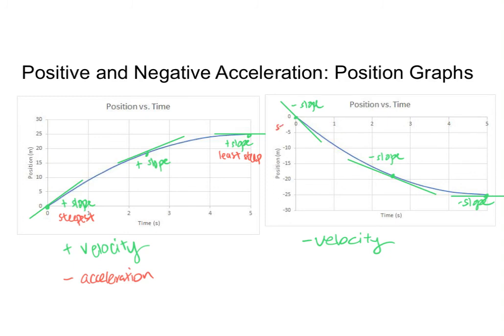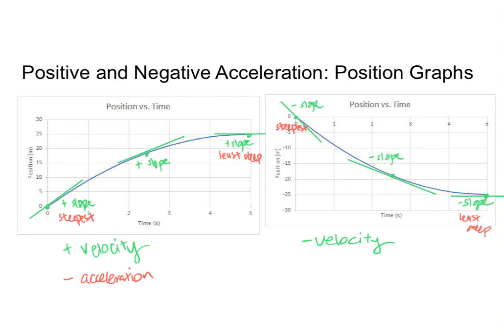In my second graph, the first part of my graph is the steepest, and the last part of my graph is the least steep. So I'm guessing you're saying, oh, this means that my acceleration must be negative because that's what happened in the last one. But that is not the case. Remember, when we add a positive number to a negative number, that number is going to decrease in magnitude.